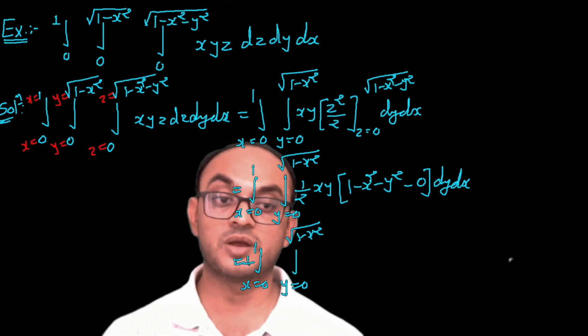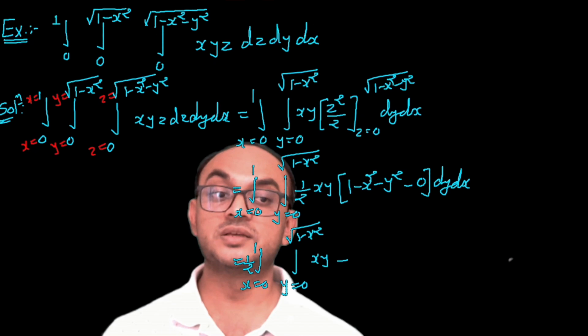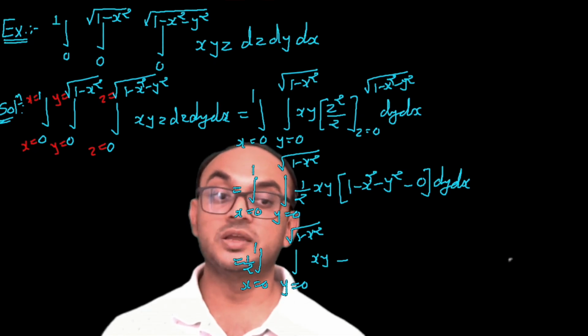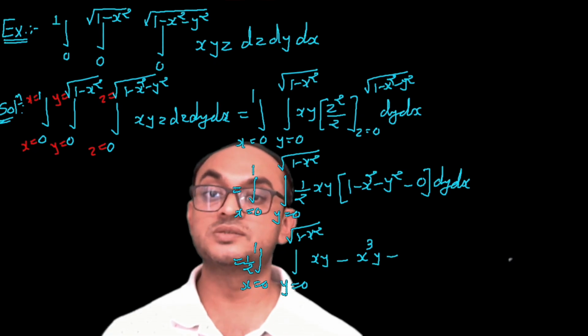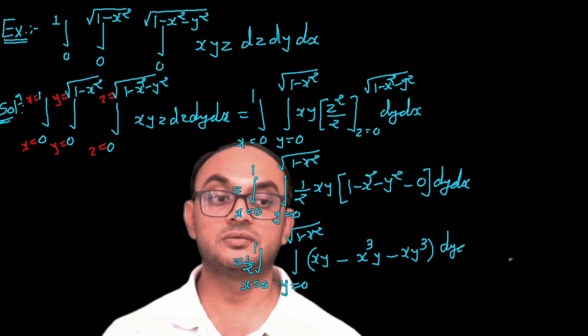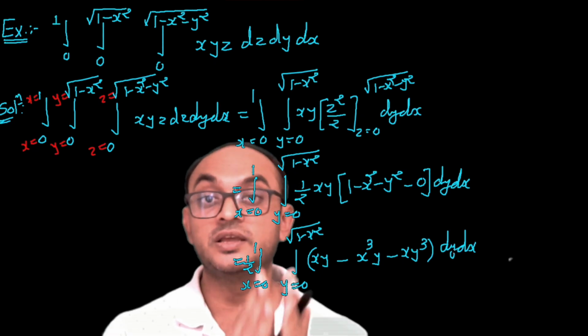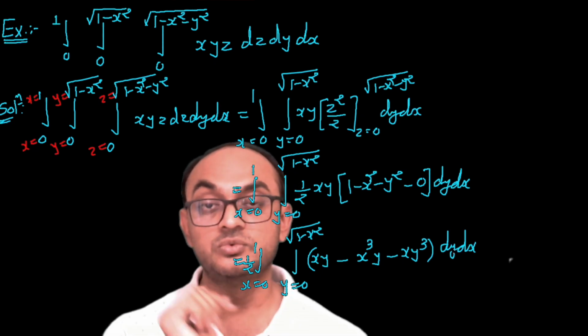Now xy into 1, which is xy, minus xy into x square is x cube y, minus xy into y square is xy cube dy dx. Now what do I do? I integrate this quantity with respect to y.